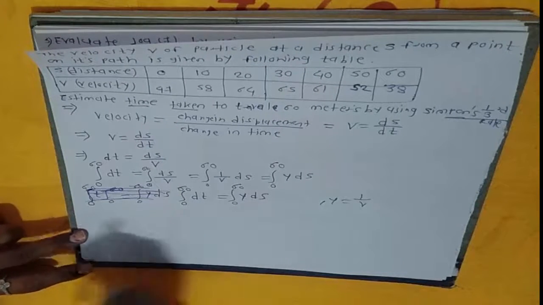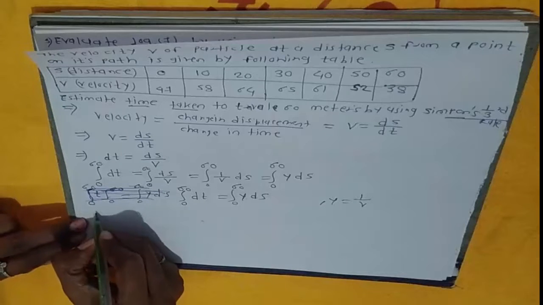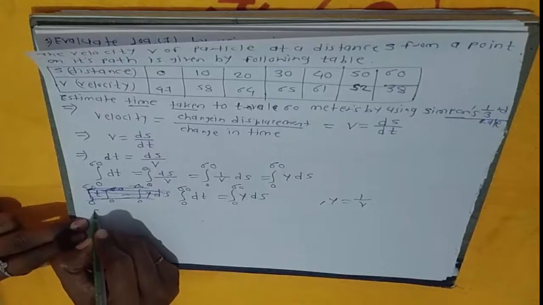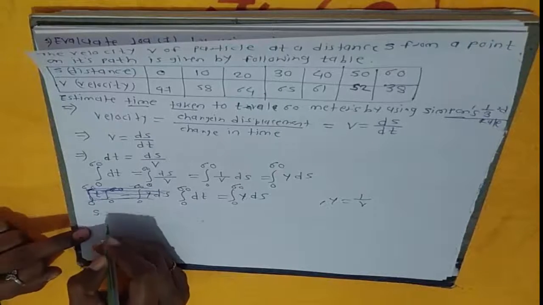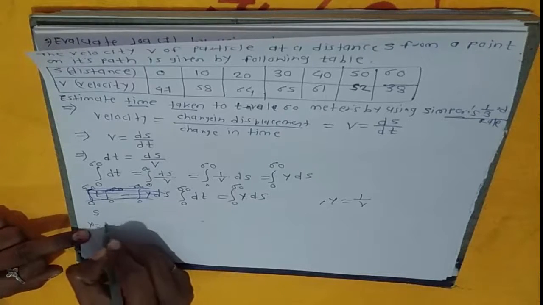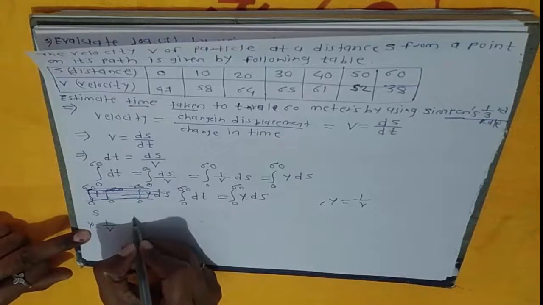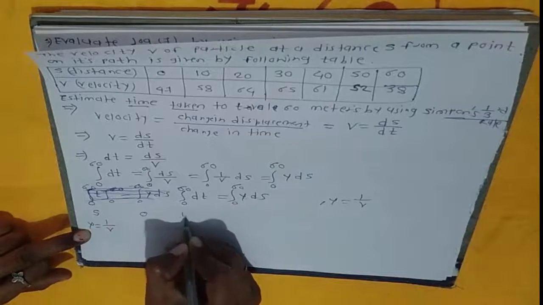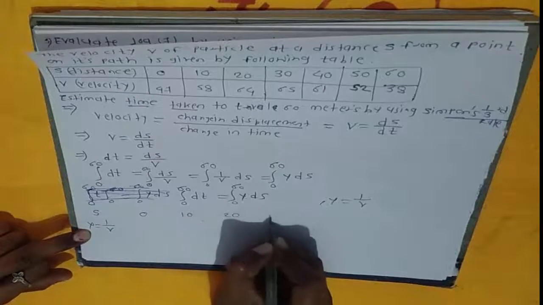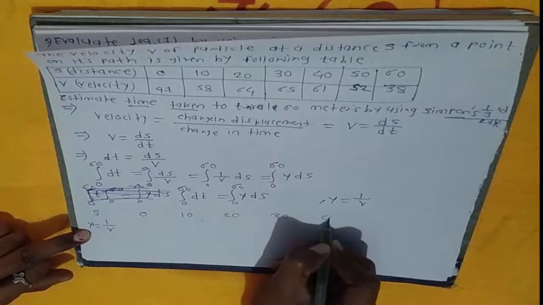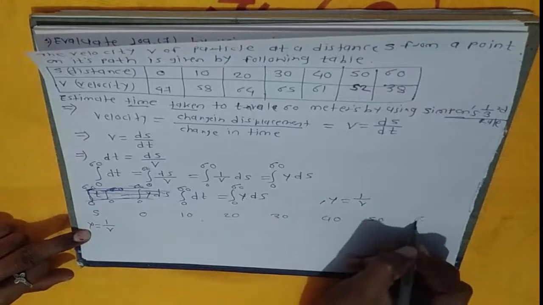So first we find the set of data points. s is the distance, and y is equal to 1 by v. The values of s are 0, 10, 20, 30, 40, 50 and 60.